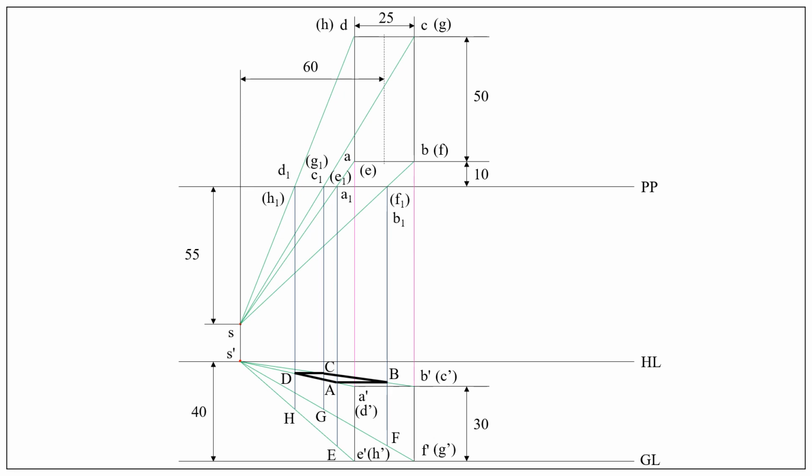Similarly, join EF, FG, GH, HE, that is the rectangle at the base. Out of the 4 lines, FG and GH are represented in dotted line as they are invisible.